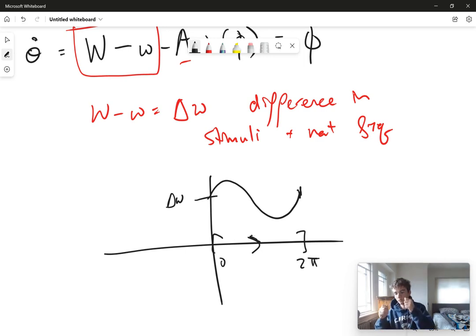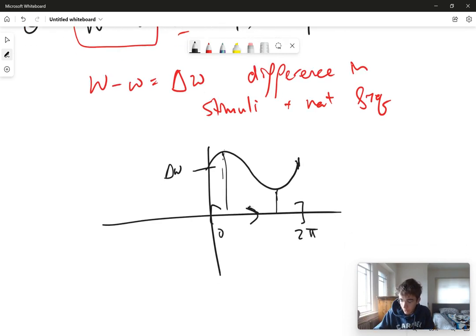They'll keep trying to speed up. In this region, they'll especially be speeding up, and in this region, they'll be slowing down. But the stimulus is just too fast that they can never catch up with it. And the phase difference between the stimulus and the fireflies is just going to continually increase, noting that it's 2 pi periodic.